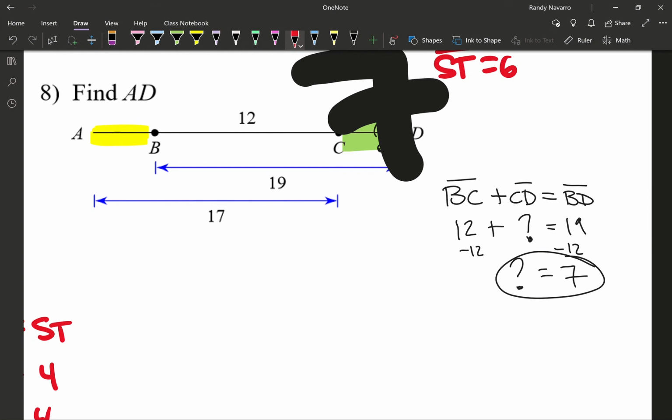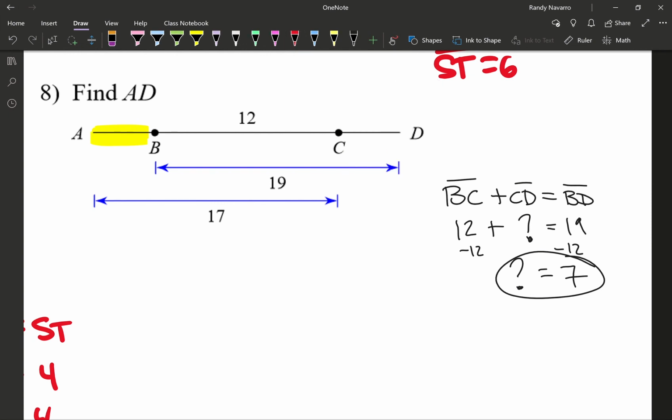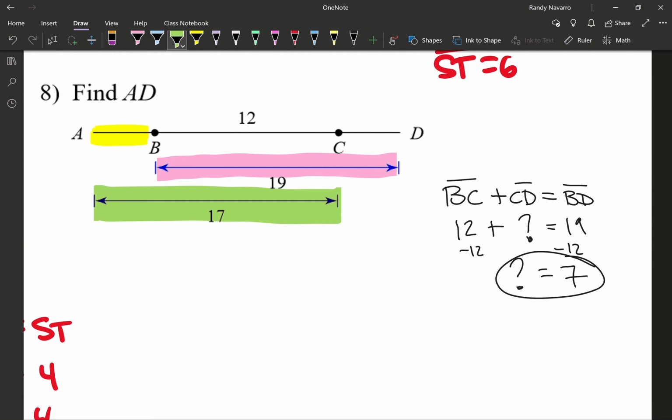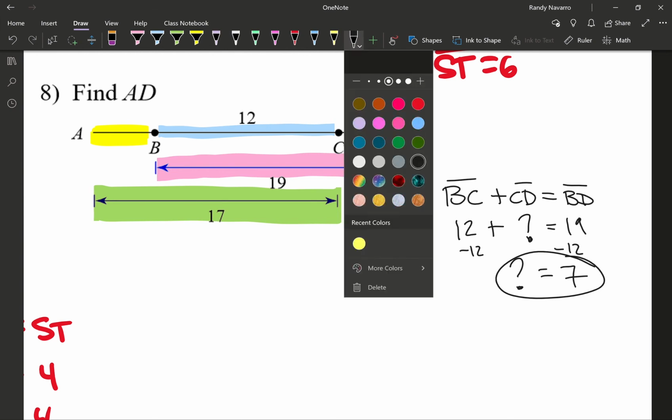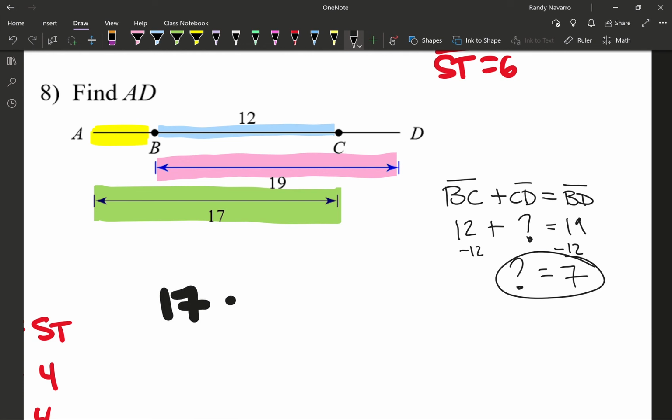Well, if this whole thing is 19, and we know this piece is 17, and this piece is 12, we could figure out what AB is. Let me make that a little bit nicer. We could take 17 minus 12, and that equals our unknown, our Z. We don't know what that is.